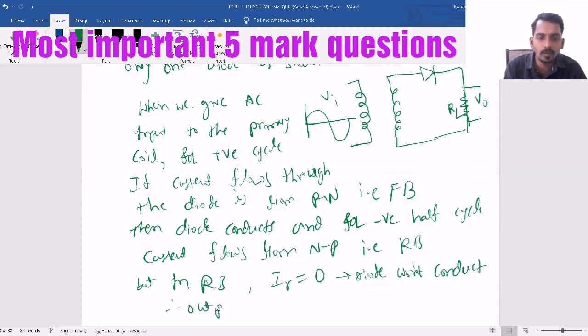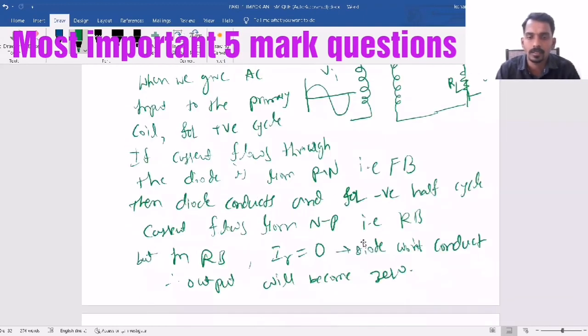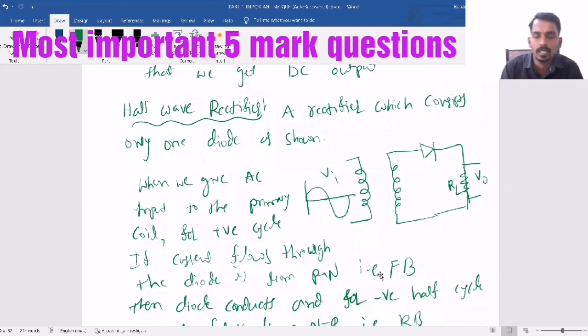Therefore, the output will become zero. Output will become how much? Zero.